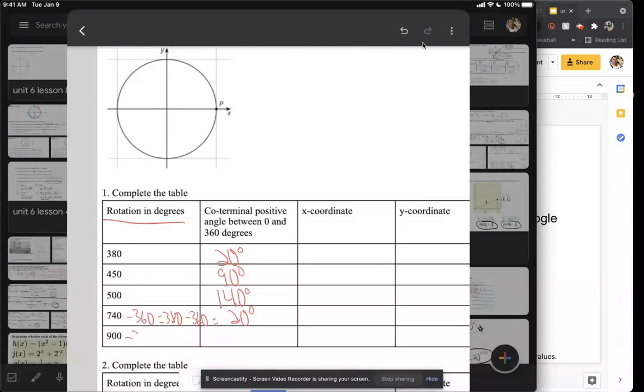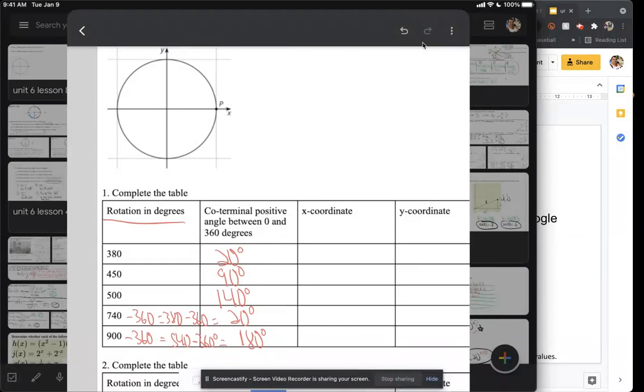And then 900 minus 360 is 540, so once again, I'm going to have to subtract 360 again, and I get 180 degrees.